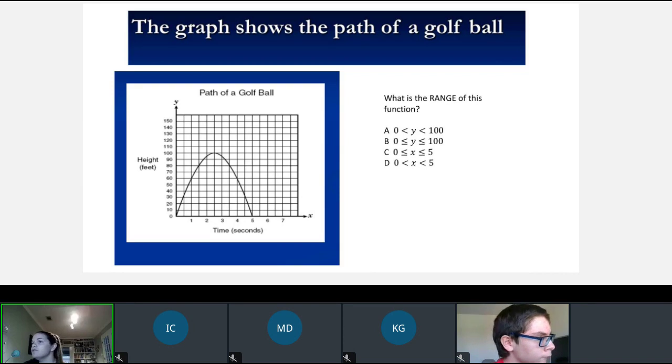Okay, good. So a lot of you totally got it right in the room chat. You said, okay, get rid of C and D. And you're exactly right, because those say X. They have an X in the middle, and we want range.